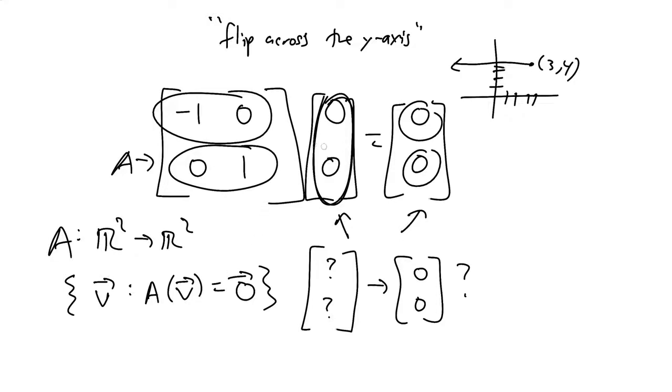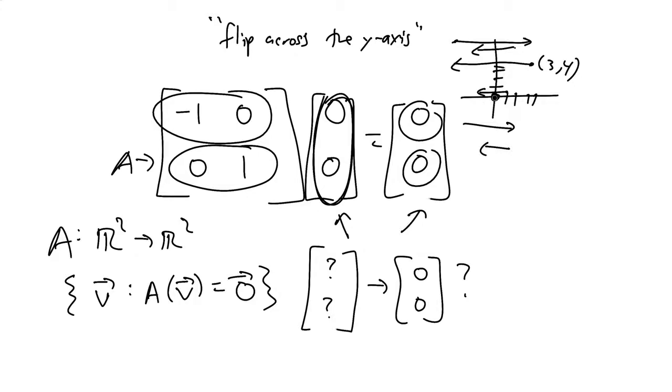Now, if you look at this matrix here, you'll realize that the answer is no. There isn't anything except the 0 vector itself that it will take to the 0 vector here. And you can see that because of what's going on geometrically, right? If it's taking every point and flipping it across the y-axis, it's taking points over here and flipping them over there, it's taking points over here and flipping over here. If that's what this thing is doing, well, ask yourself, how could you ever get to the 0 point unless you started on the 0 point?